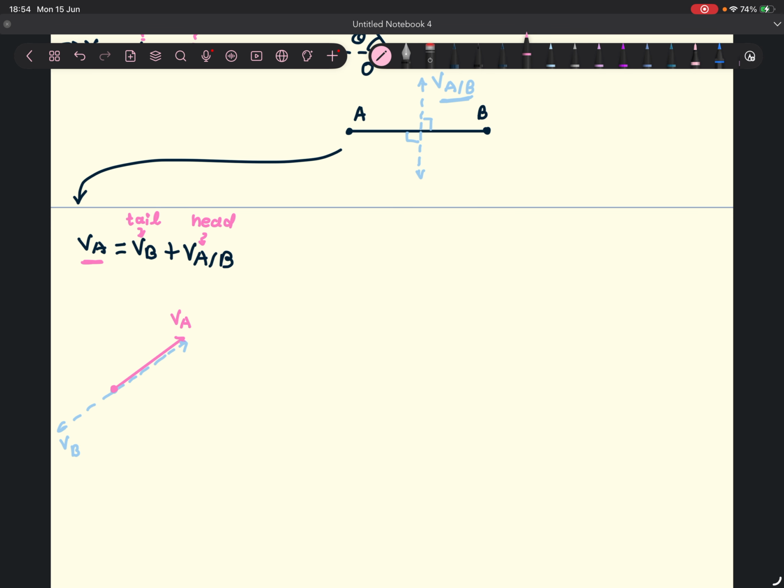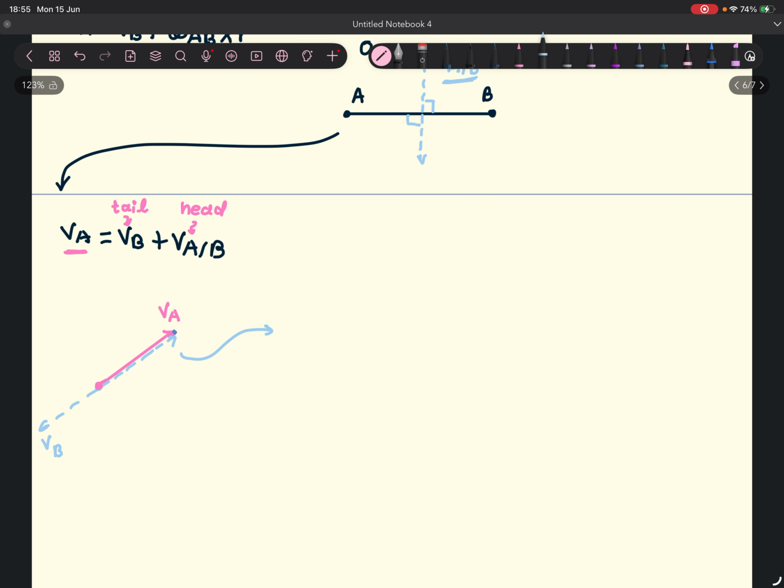So it starts at the tail of VB and it ends at the head of VA relative to B. And VA relative to B, since it's a vector that goes up, it's just going to be this point over here, which is 0, since VA and VB are on top of one another.